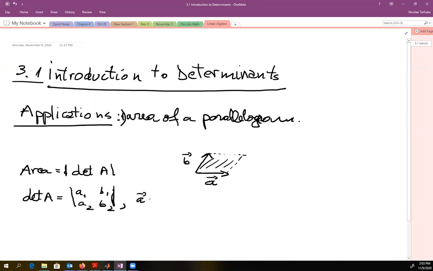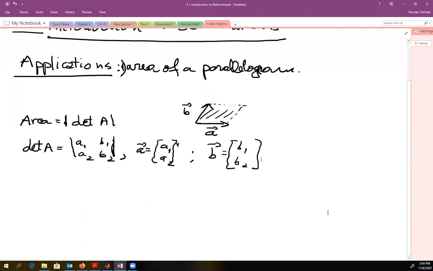These 2 vectors are column vectors, with A having components A1 and A2, and B having components B1 and B2. So this gives the area of a parallelogram. Another application is the volume of a parallelepiped.